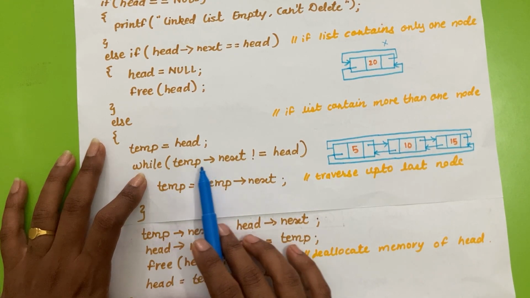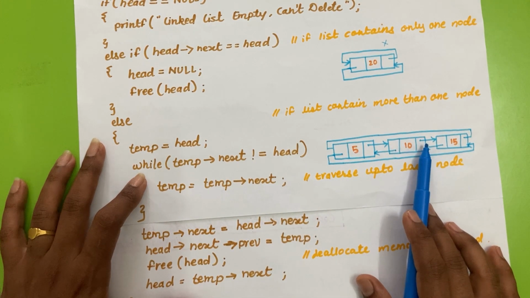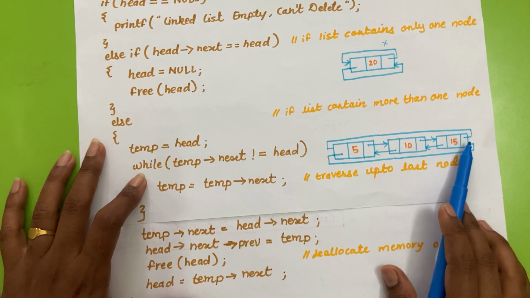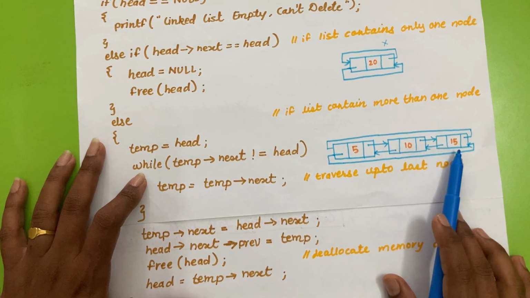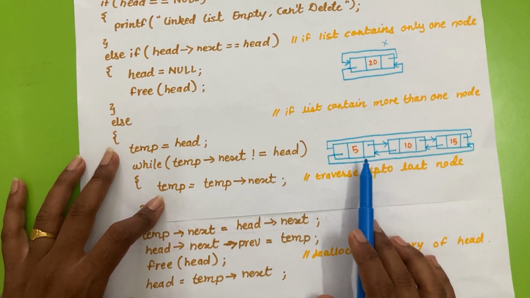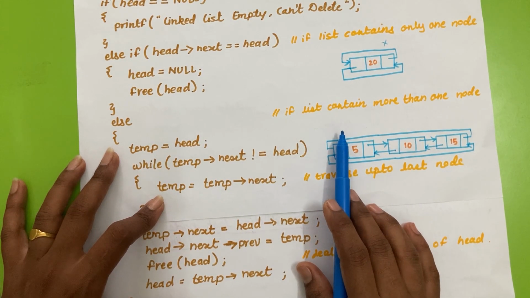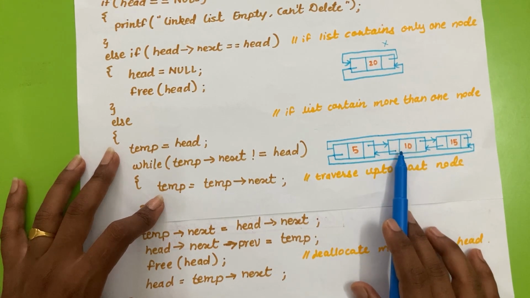So while temp next is not equal to head, that is, as long as our temporary node does not point to the head, temp will get updated with the statement temp is equal to temp next. So the first time the value of temp is the head node, then the second time it will be the second node.